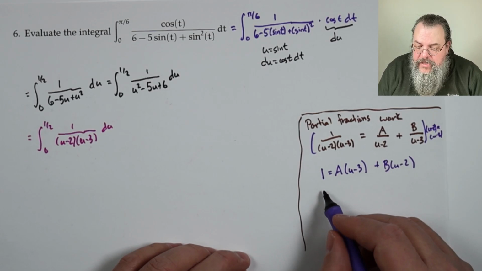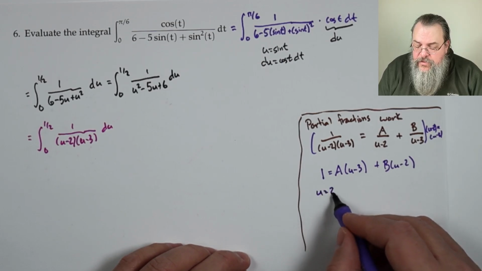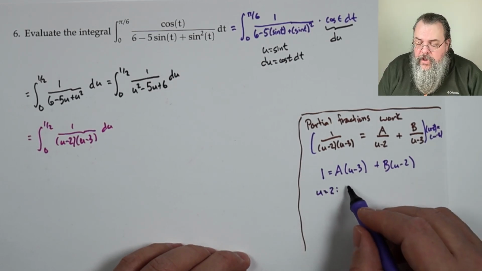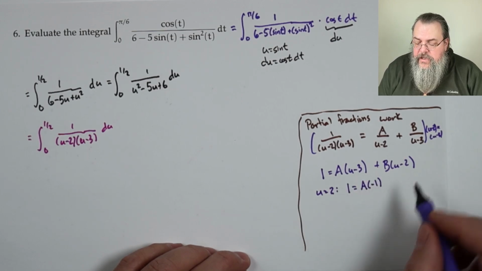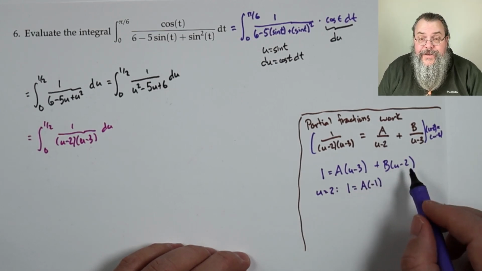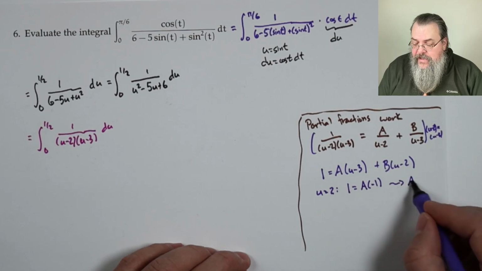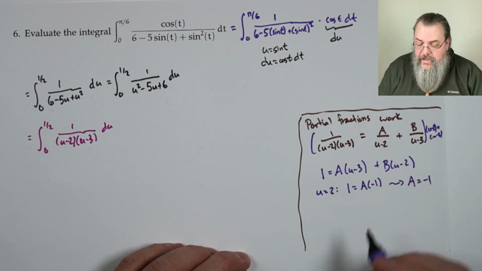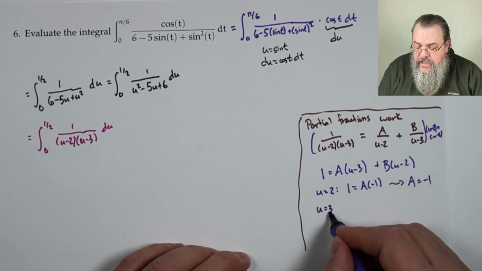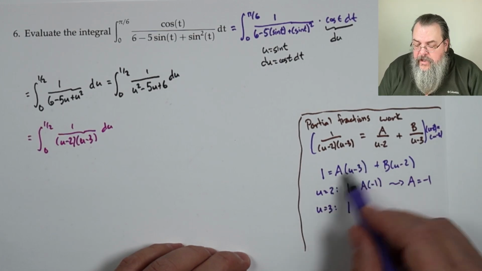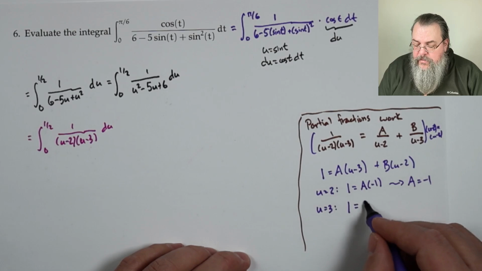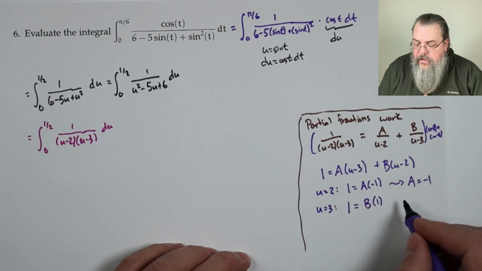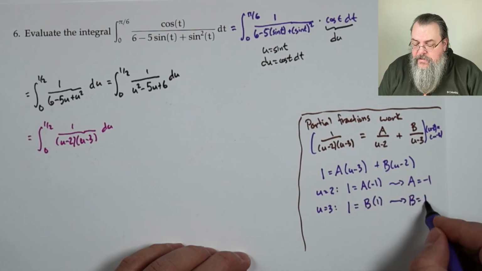If we plug in u equals 2, we'll get 1 equals A times minus 1, and the B term goes away. So that tells us that A is negative 1. If we plug in u equals 3, that A term goes away, and we get B times 1. Well, that tells us that B is 1.